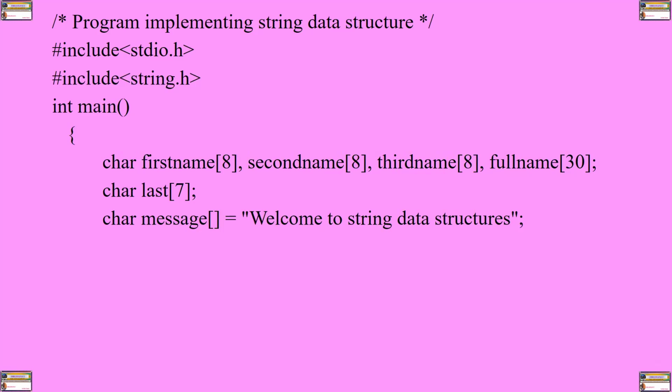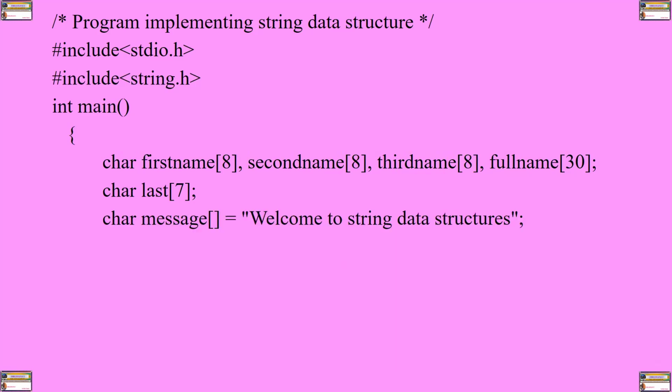And then from there, we are declaring another memory location called message, which is supposed to hold content of array of char. And we are initializing it with the following set of characters, or what we call a string literal: Welcome to string data structures. So this is the statement that will be stored in the memory location called message.